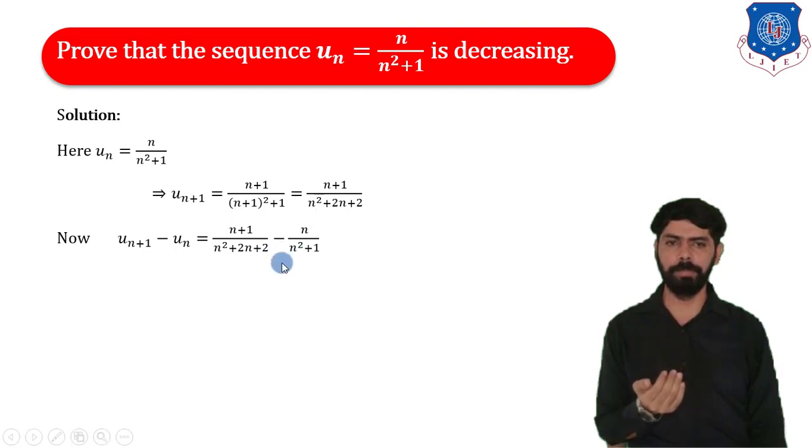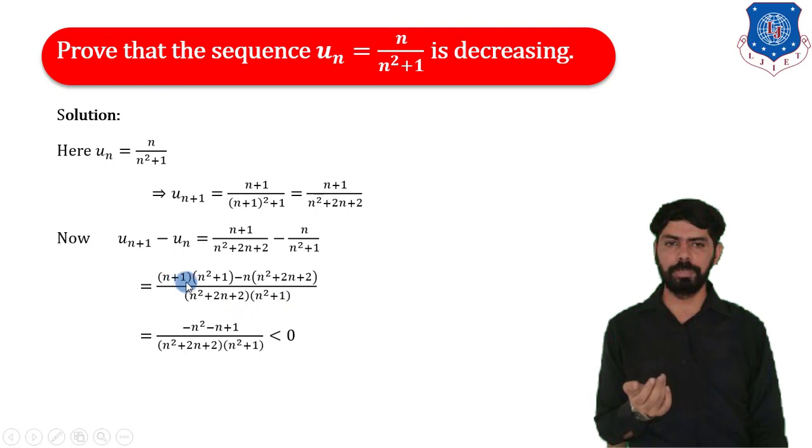Now we will take the LCM. Here we will multiply n plus 1 with n square plus 1. So n plus 1 into n square plus 1, then minus n into n square plus 2n plus 2, whole divided by n square plus 2n plus 2 into n square plus 1.